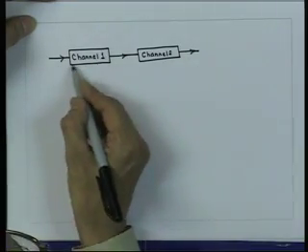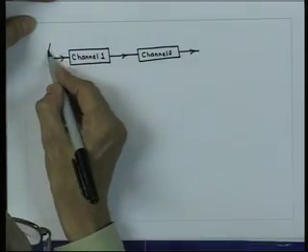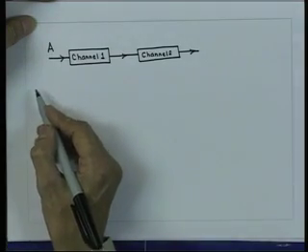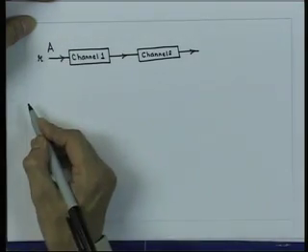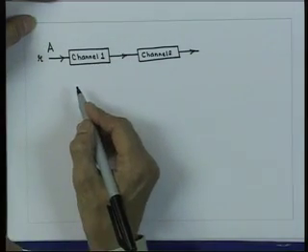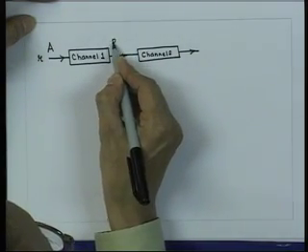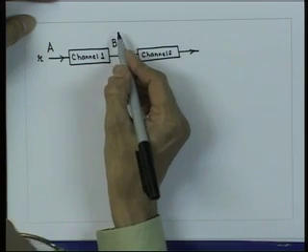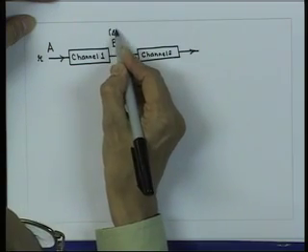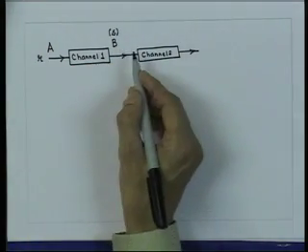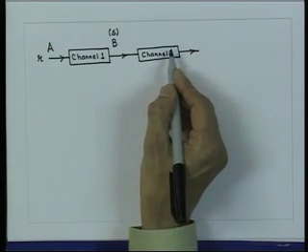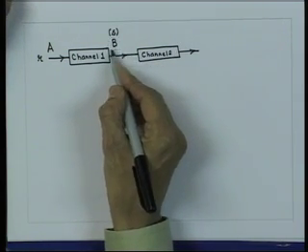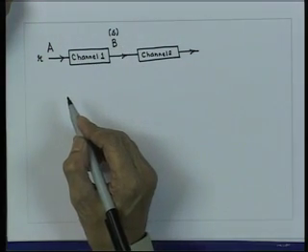The input alphabet for channel 1 is denoted by A and the size of this alphabet is R. The output alphabet of channel 1 is denoted by B and the size of which is S. Now, the input alphabet of the second channel is identified with the output alphabet of channel 1.